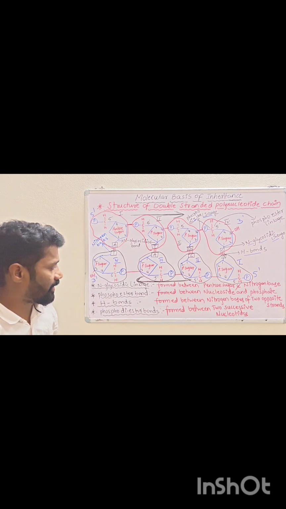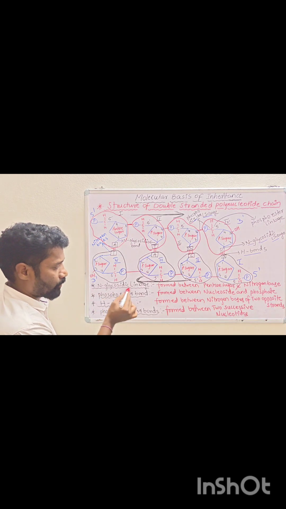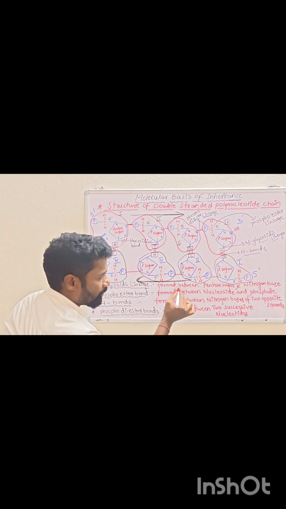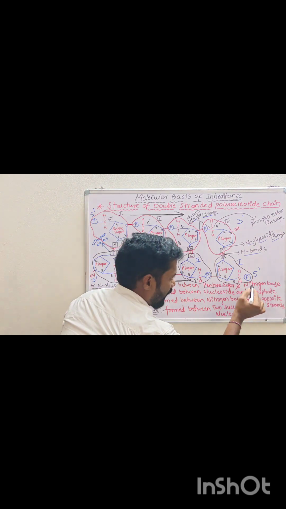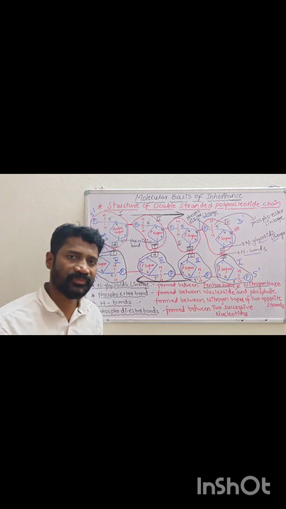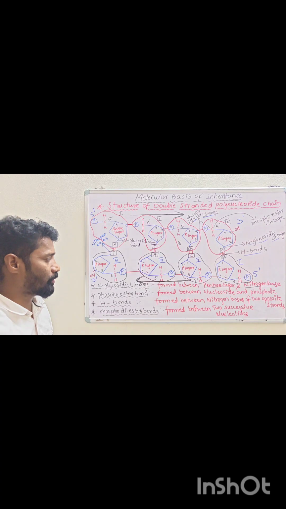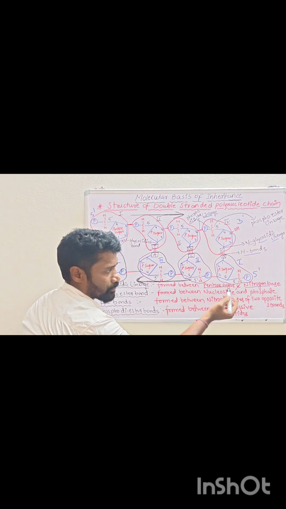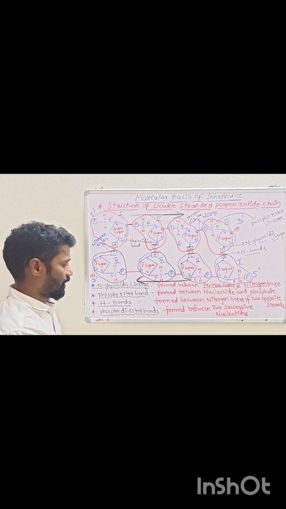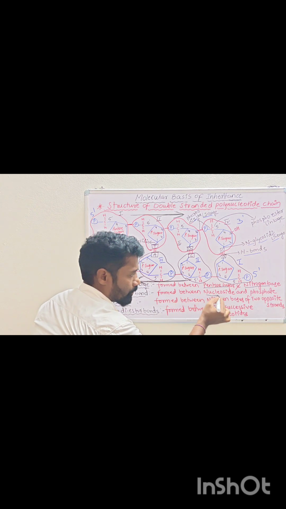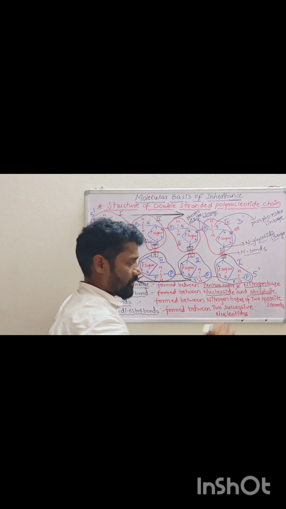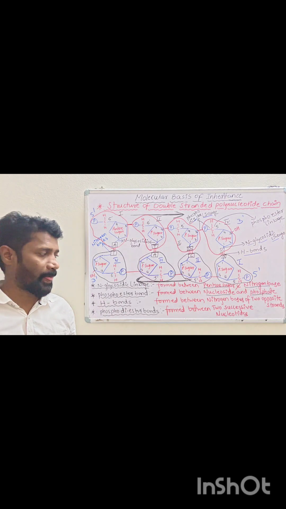Once again I am repeating, the mode of bonding. N-glycosidic linkage is formed between the pentose sugar and the nitrogen base. What is the location of the phosphoester bond? It is formed between the nucleoside and the phosphate.